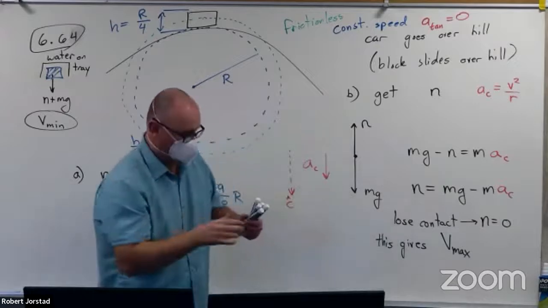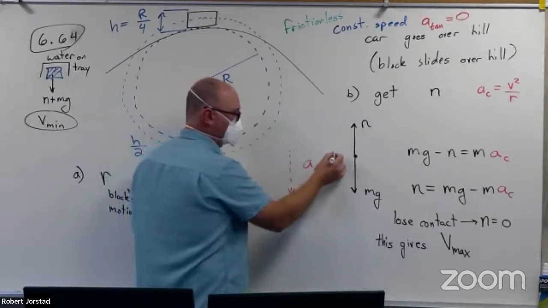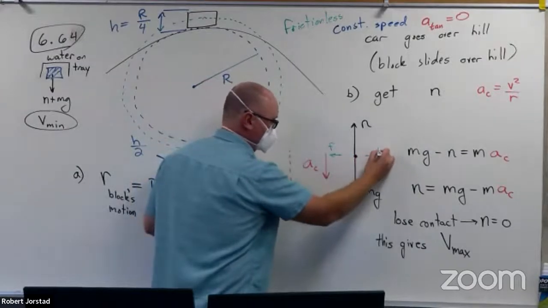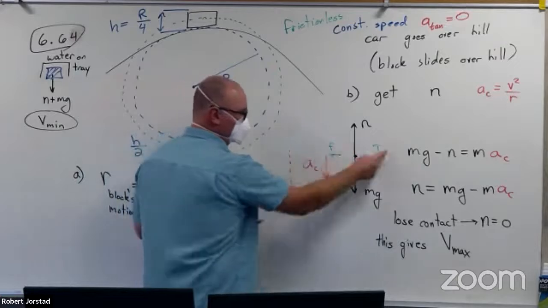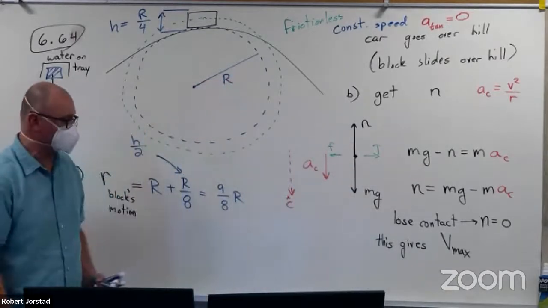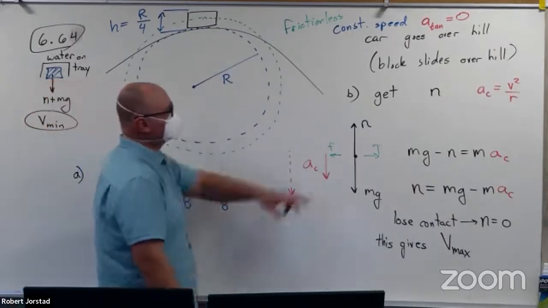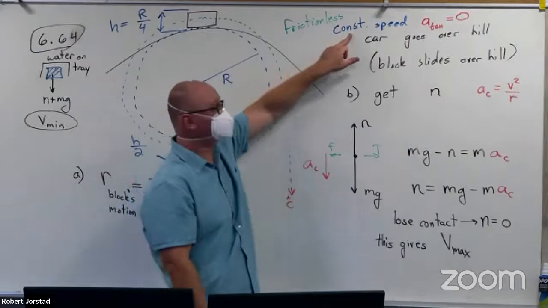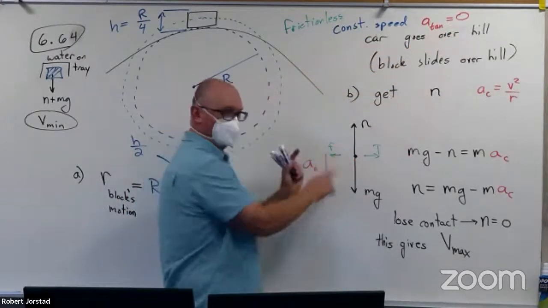Now, to be fair, if there was friction, then you would need something like a little rocket thruster. So if there was friction, we would need these two forces to balance. Or if there was air resistance or something like that. But generally speaking, if we have constant speed, a_tan is 0, what does that tell us about the left-right forces?